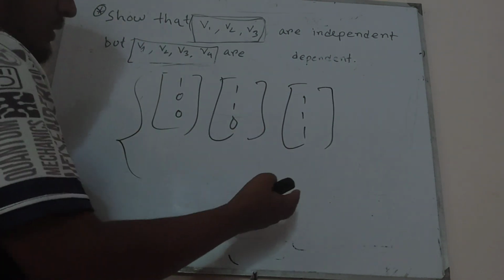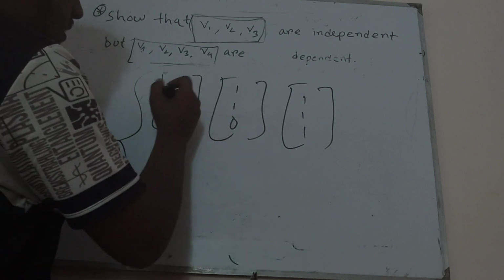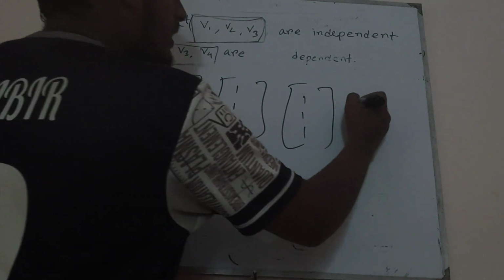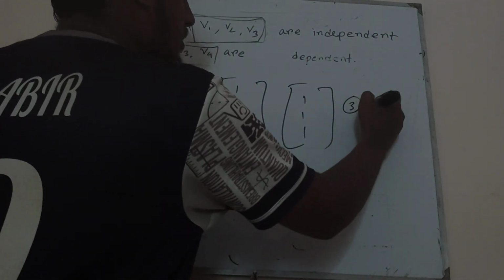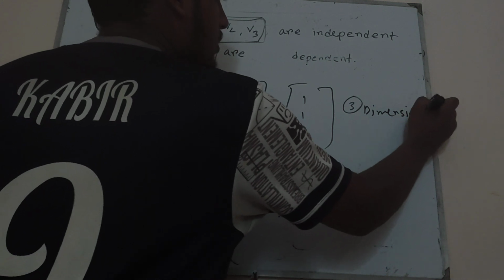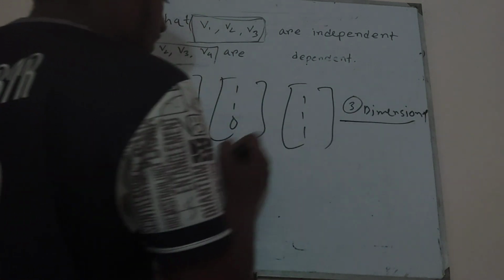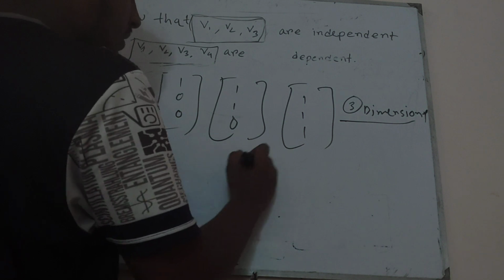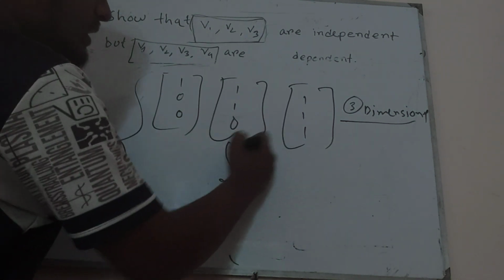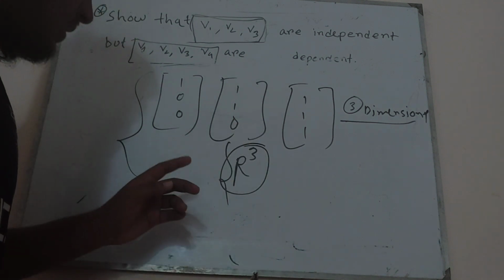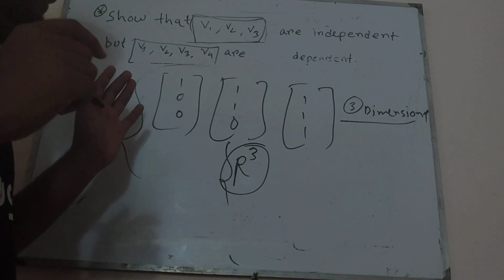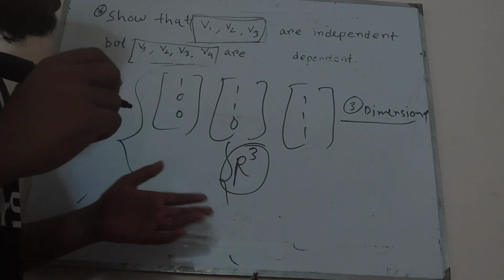What do we see? We see that these vectors are three-dimensional. That means all these vectors are in R3 space.